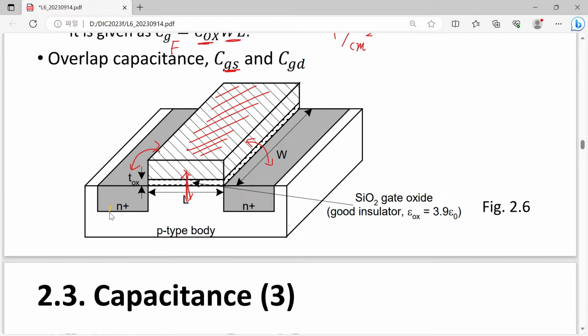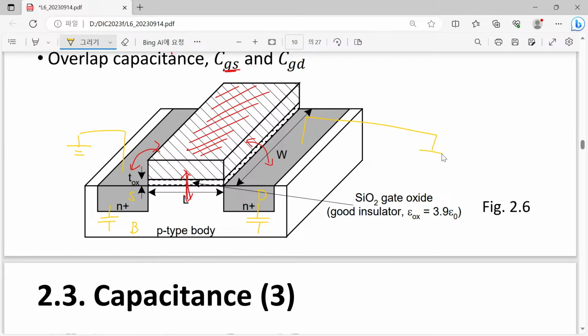Once again, now you understand, between source and substrate you will have a capacitance, and between here drain and substrate or body you will have the capacitance. Let's assume a symmetric structure as usual, so you have the same size of source and drain, and let's say that you apply 0 volt and VDD to your drain.